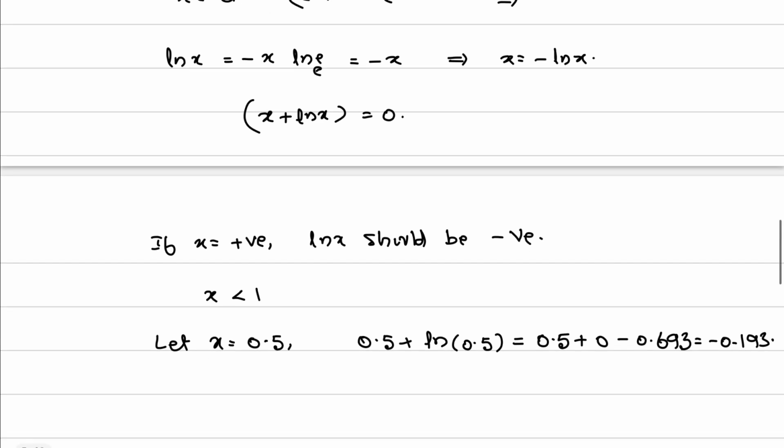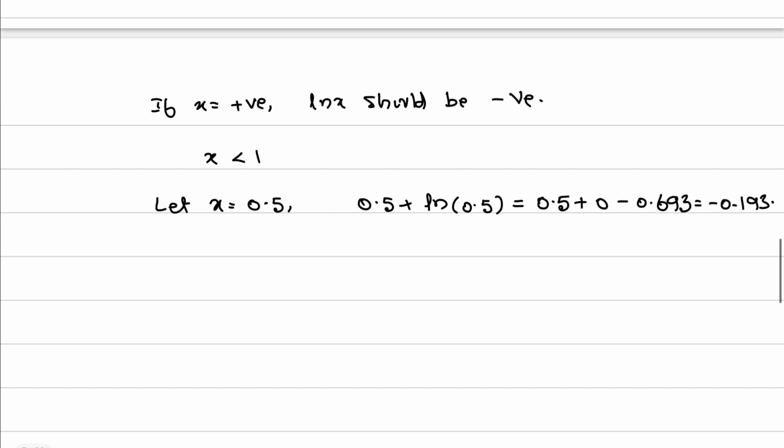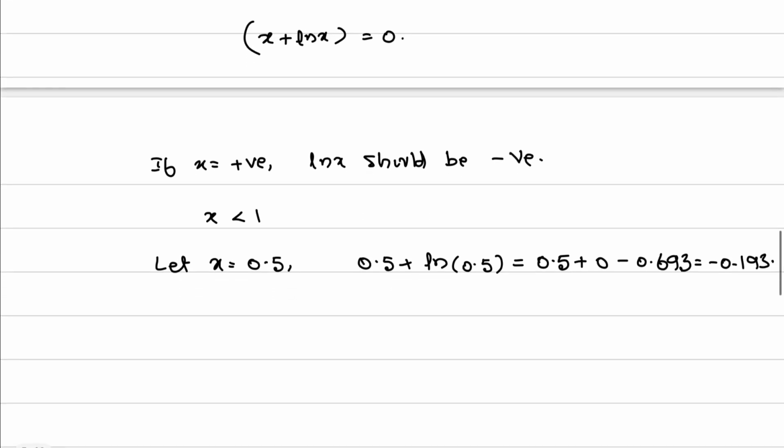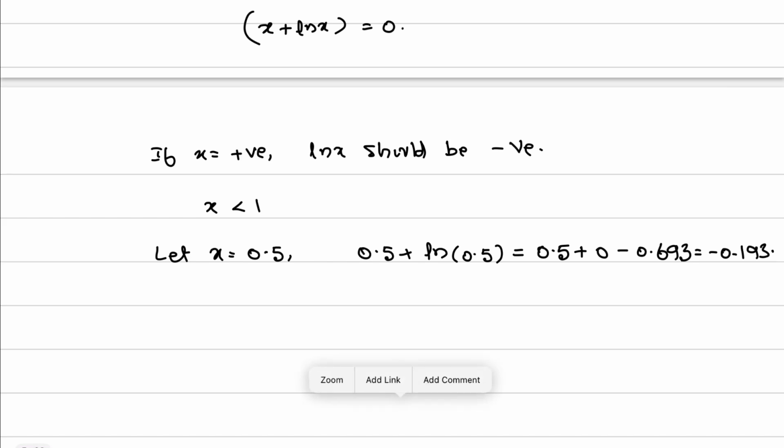If x is equal to 1, at x is equal to 0.6, 0.6 plus ln 0.6.